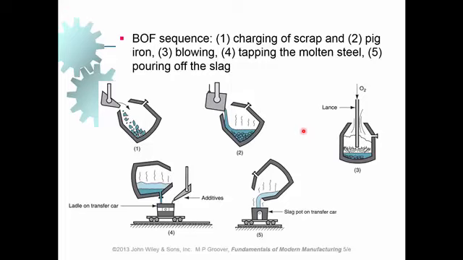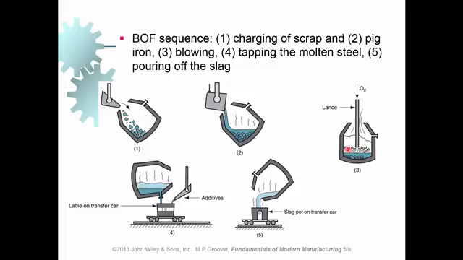In this slide here, we can see how BOF is used in order to process the pig iron. This is the scrap material, whatever is to be recycled, which is actually charged in the furnace, and then pig iron is added. That is the molten pig iron, and eventually it is subjected to the flow of oxygen.